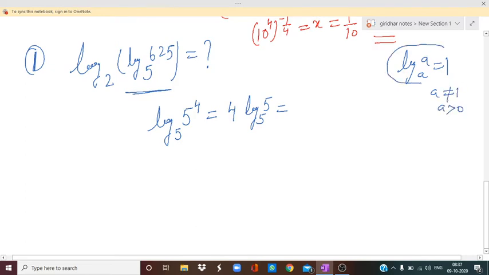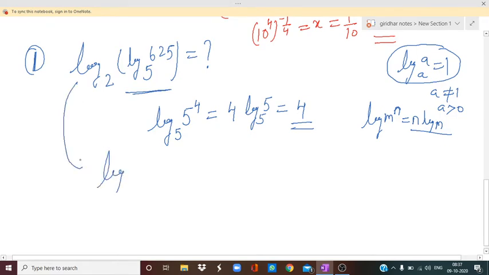So with the help of this formula, or you can say property, this will come 4. We have the property log m to the power n comes n into log m. Power came into product. So this 4 came into product, and log 5 with base 5 is 1. So this becomes 4.